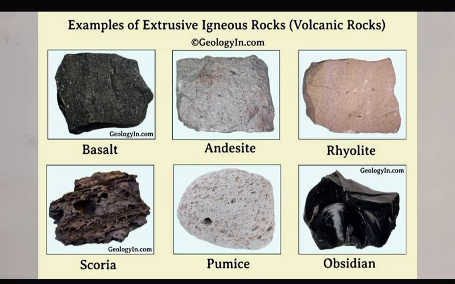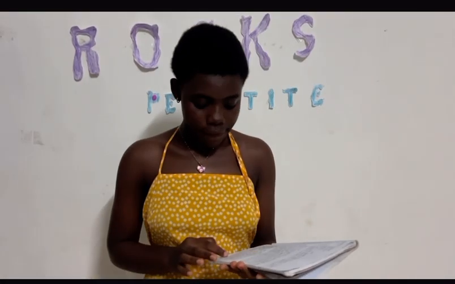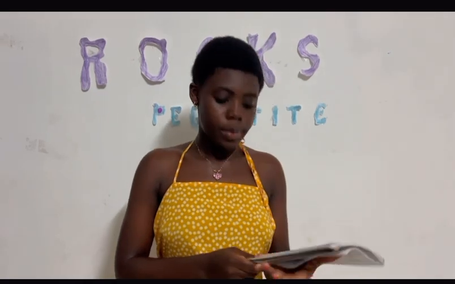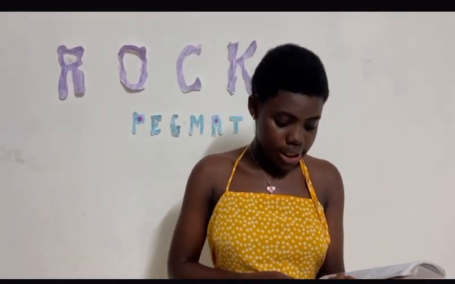Extrusive rocks are formed when magma erupts onto the earth's surface as lava and cools down quickly. This takes the second part of the definition I gave for igneous rocks. It happens when the magma comes out as lava through a volcanic eruption. It cools quickly, so it has a fine grain texture.